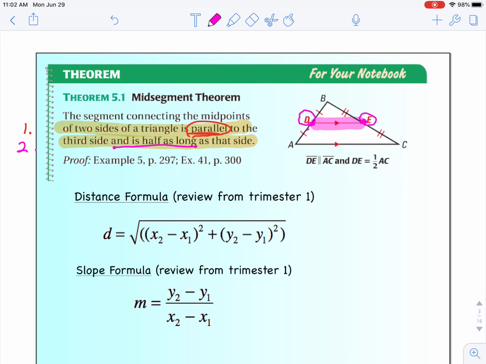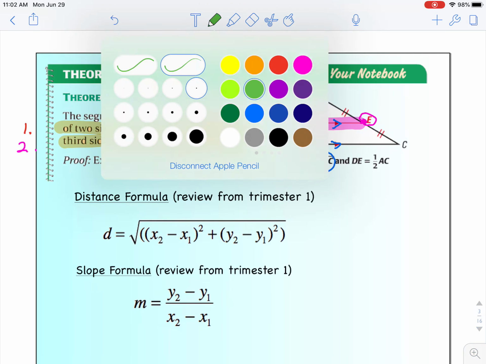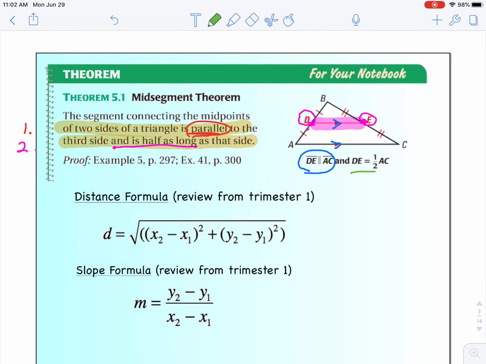And because of that, DE is parallel to AC, and DE will be half as long. So parallel is one part, and the other part is that DE will be half the length of AC.